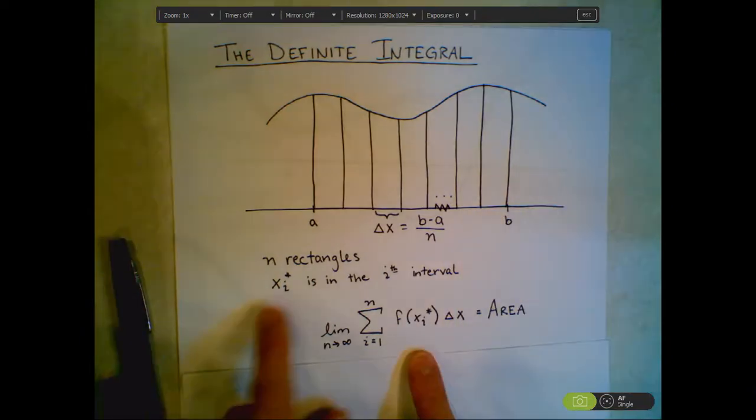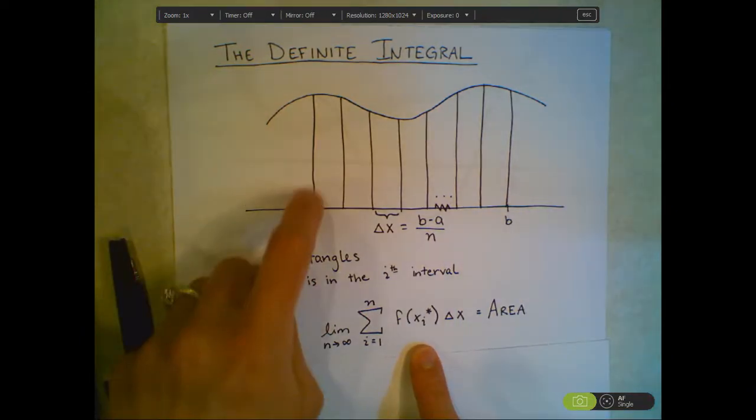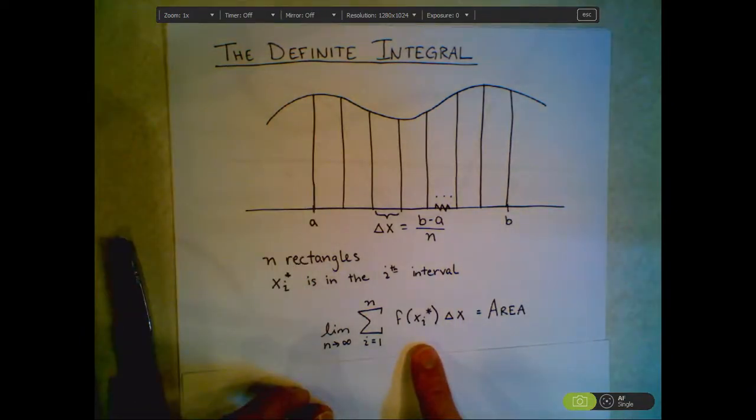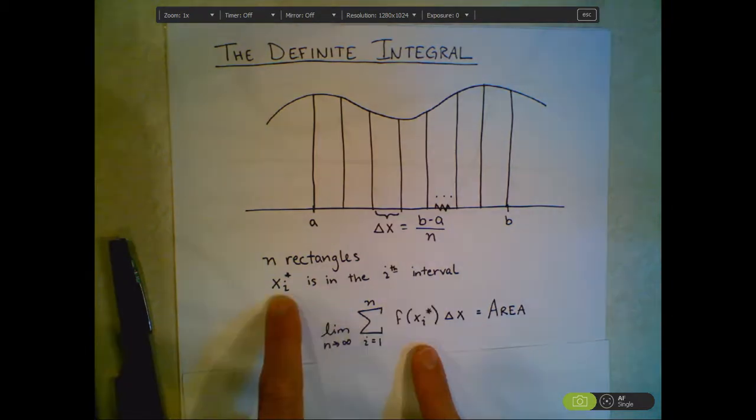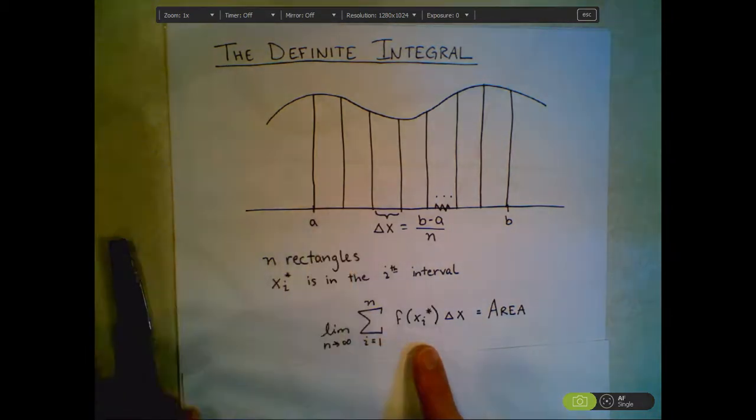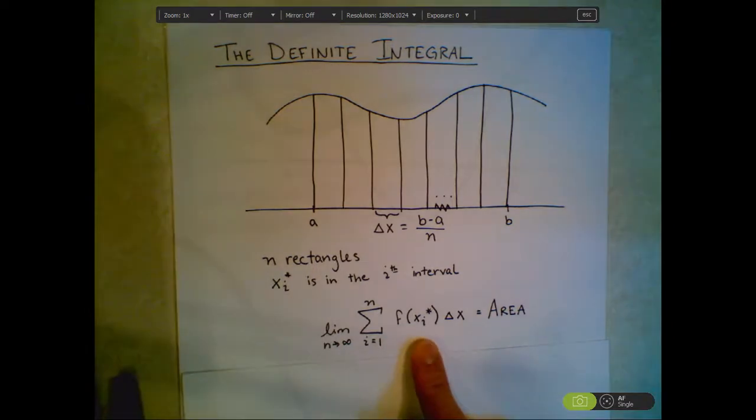And this time I want to say that although we used the left endpoint last time, we could have used any endpoint that we wanted. We could have used the right endpoint, we could have used the midpoint, and this is a generic notation that says that really I could use any point that I wanted in the middle of this interval.